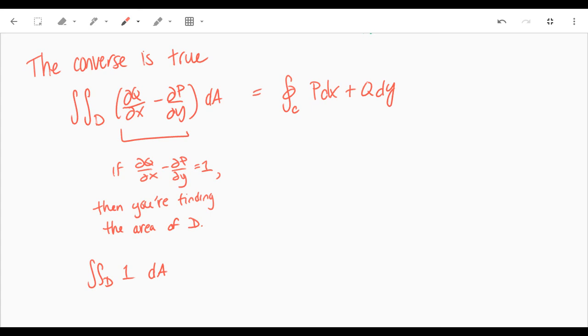Okay, so one way I could do this is if I have, for example, P equals 0 and Q equals x. Okay, then dQ/dx minus dP/dy would be 1 minus 0, which is 1. Okay, and then I can do my line integral of 0 dx plus x dy.